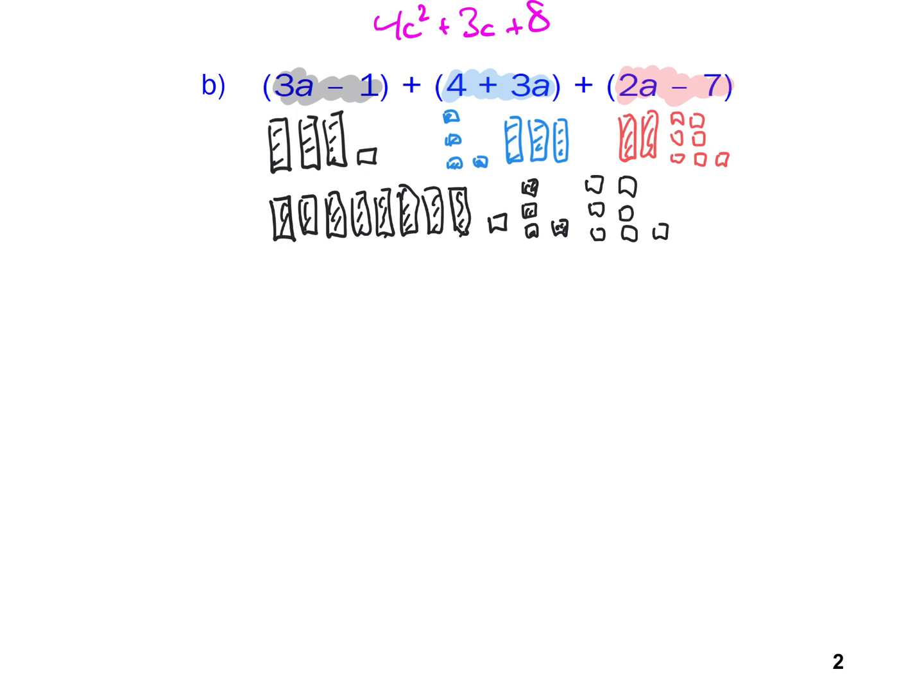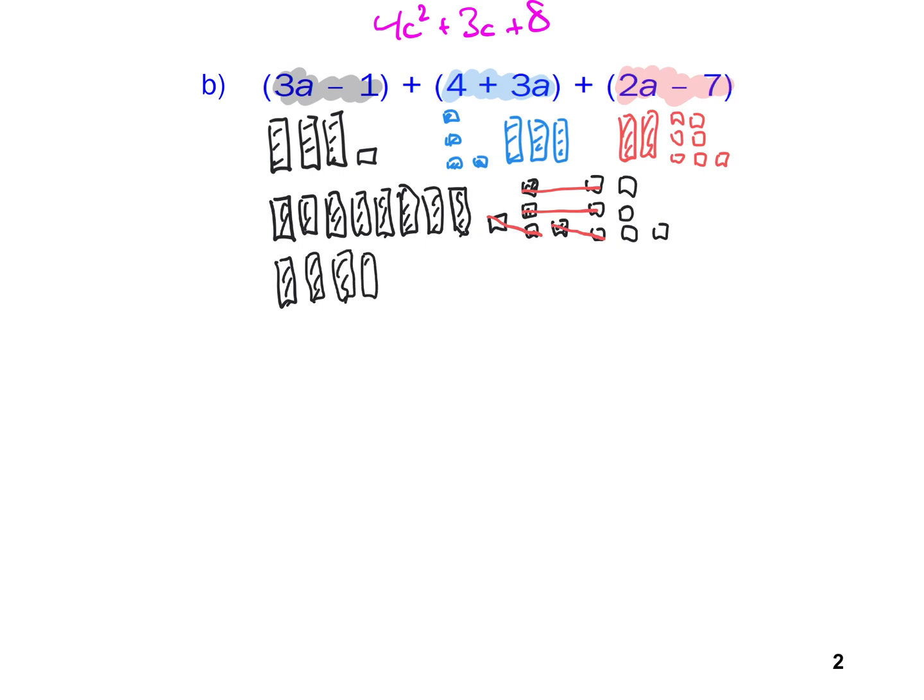What do we have more of? Shaded or unshaded? Unshaded. So we're going to find some 0 pairs. We have a 0 pair right here, a 0 pair right here, a 0 pair right here, a 0 pair right there. And so what that does is don't change the number of rectangles. We had 8.